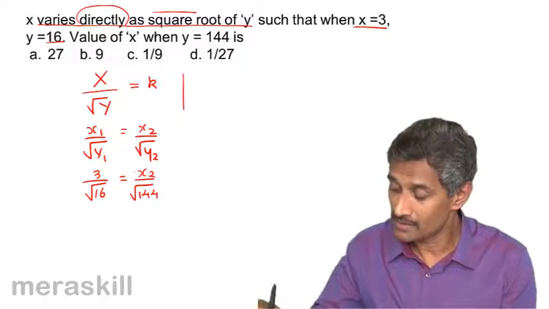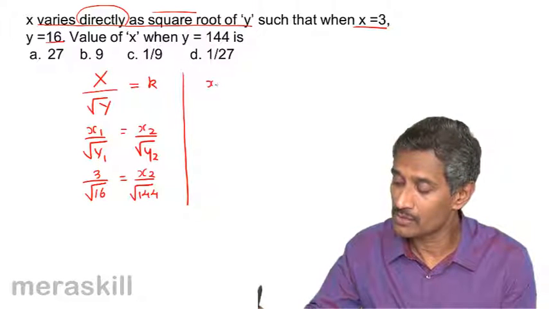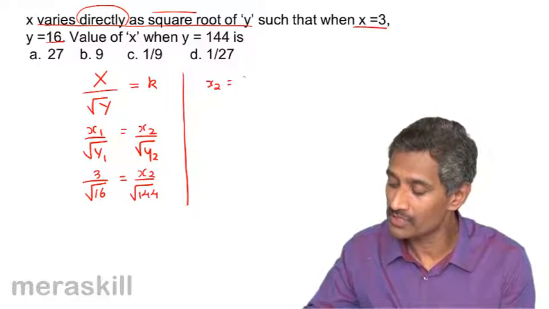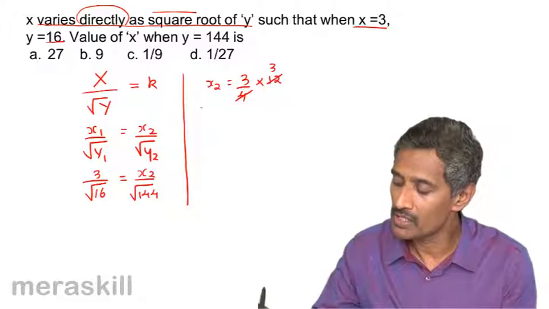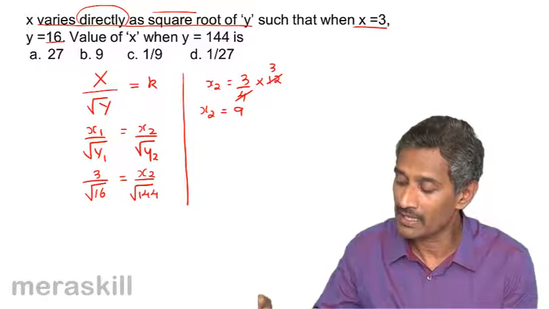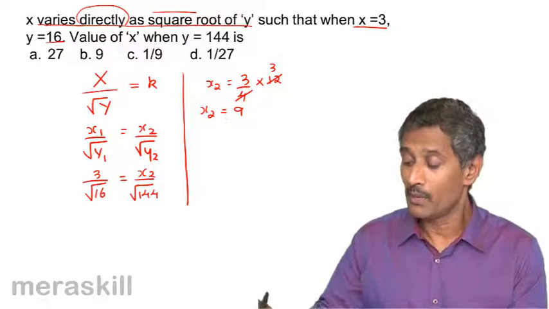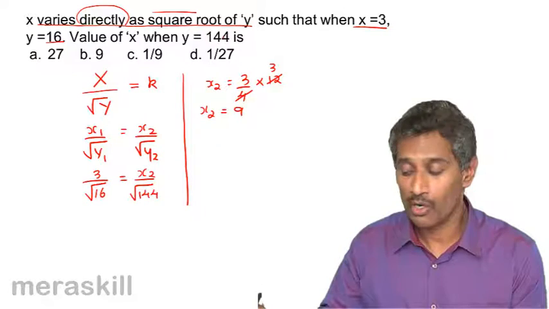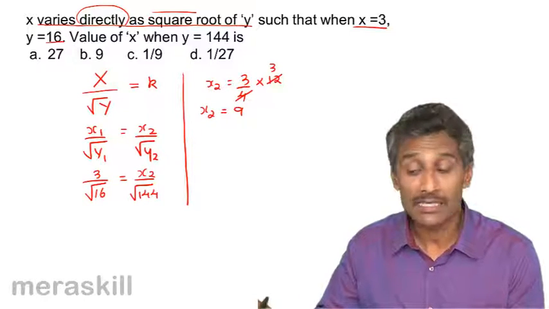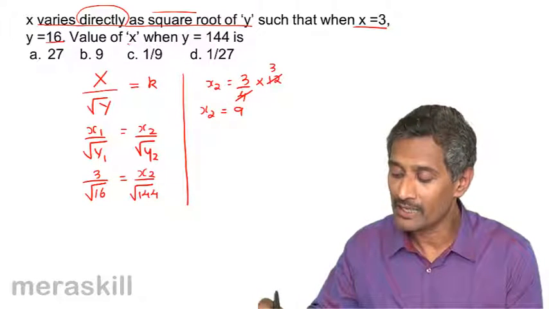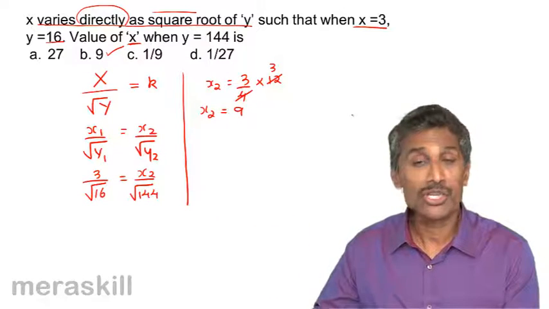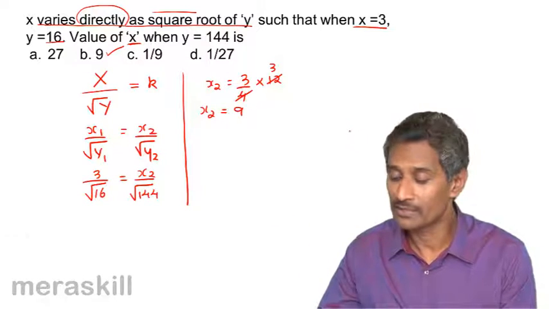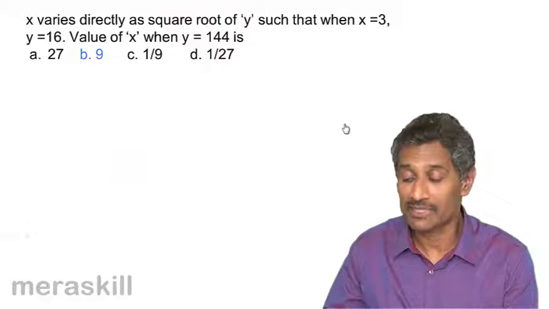So x2 turns out to be 3 upon root 16, that is 3 by 4, into root 144, which is 12. So 4 threes are 12, and x2 turns out to be 9. In other words, when y is 144 and x varies directly as square root of y, in that case x has to be 9. Let's check whether we have it right or not. And yes, we do have it as 9.